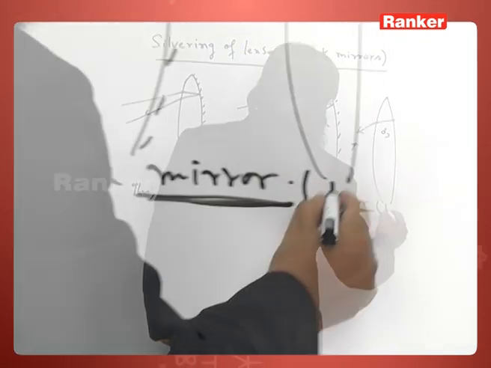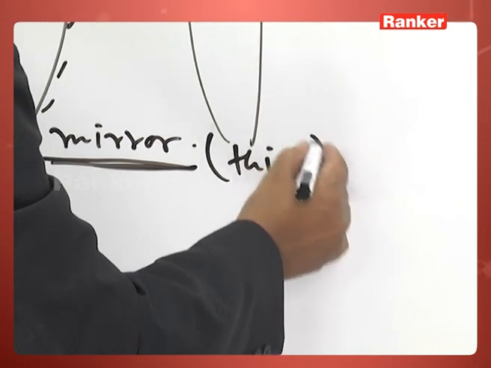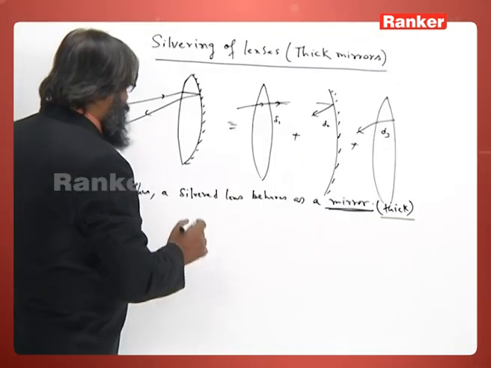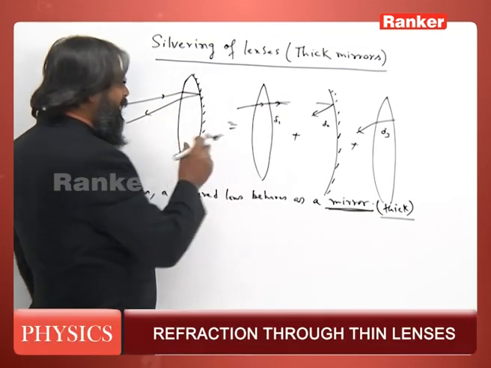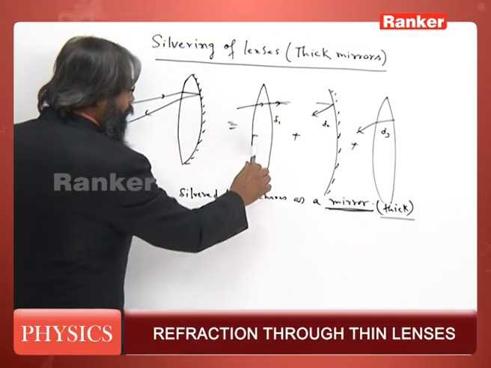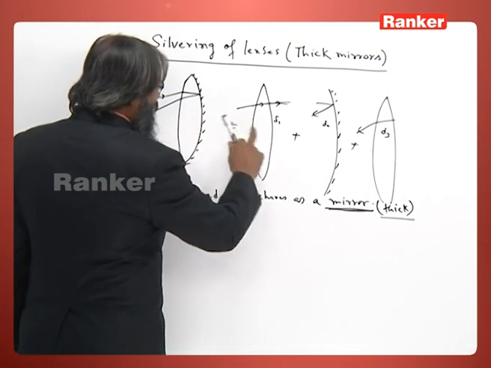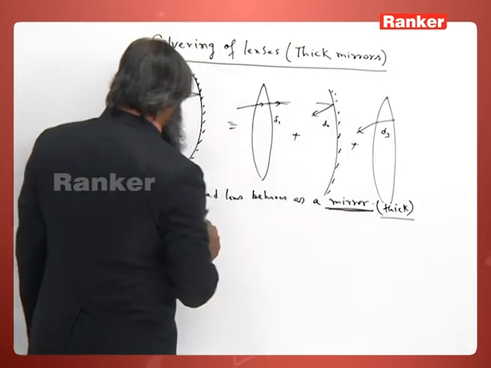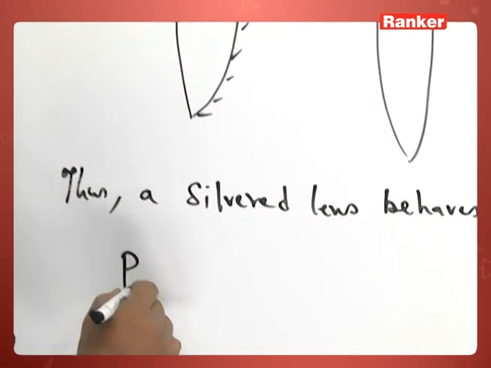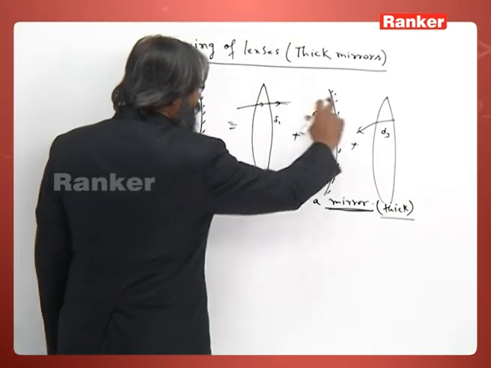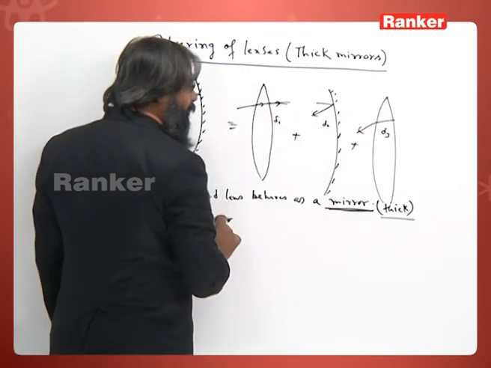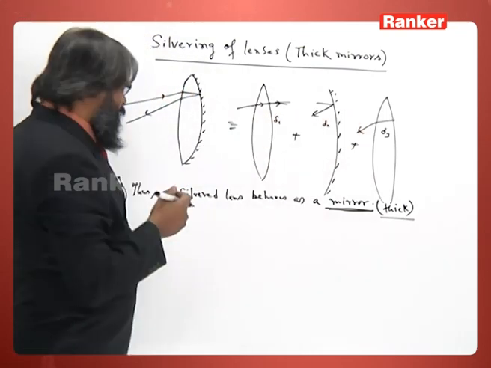The power, suppose I want to replace this by a single mirror, so we have to use this as the sum of these three components. So, we can say the equivalent power will be given by the power at each stage added algebraically.